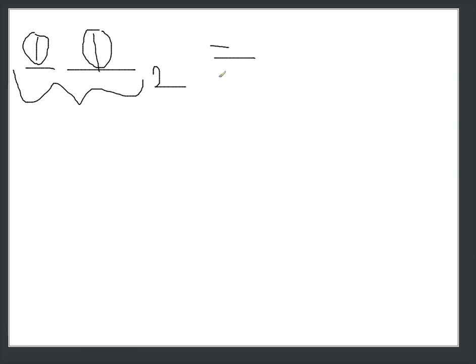If I have two positions, the maximum value I can put on each is 1 if we have base 2, and this actually represents 3. If I do 2 raised to 2 minus 1, that's actually 3.